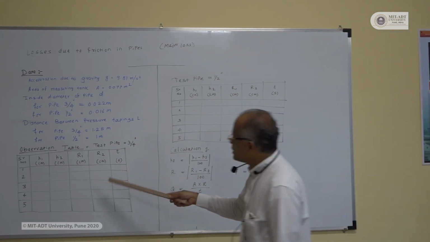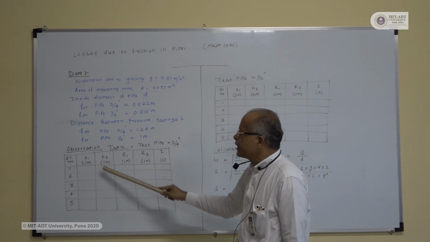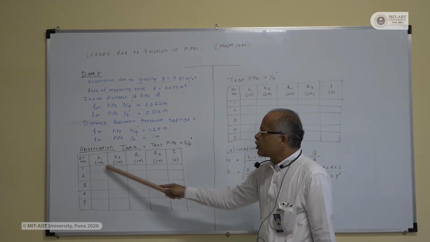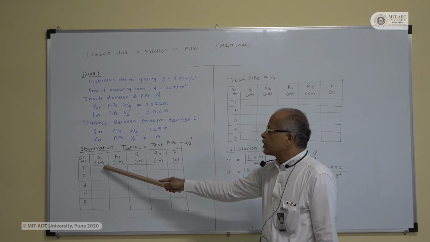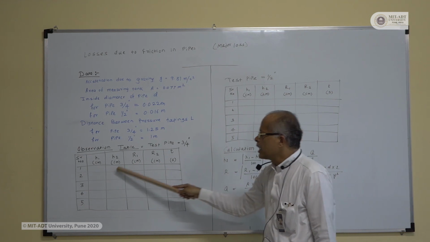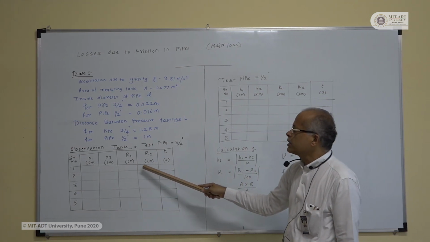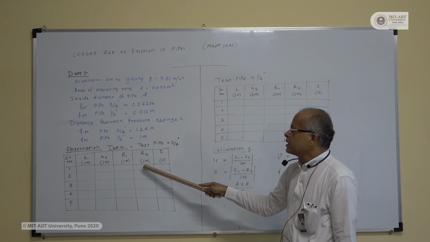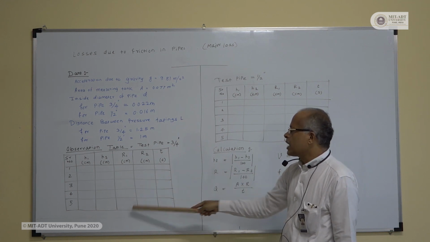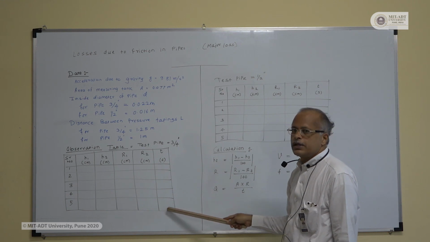The observations taken are these H1, H2 readings. As the flow changes, the pressure drop changes. For one particular flow we measure the head loss, and the flow rate is calculated using the standard method, keeping R2 fixed and measuring R1 over a fixed time.